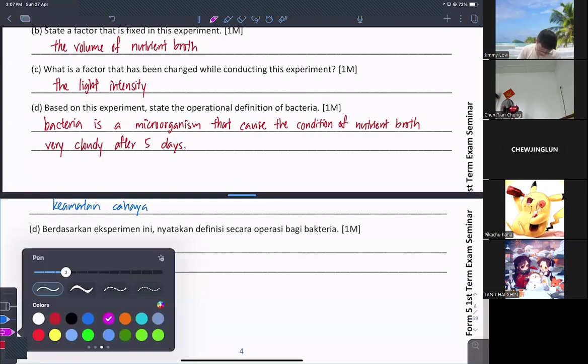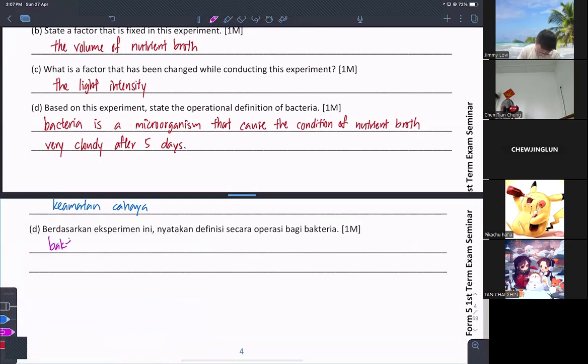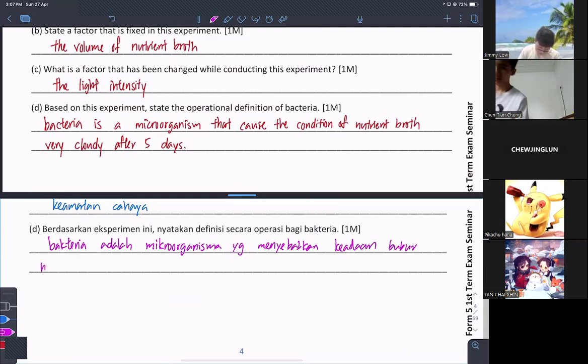So in BM, bacteria adalah mikroorganisma yang menyebabkan keadaan bubur nutrient sangat keruh selepas 5 hari.